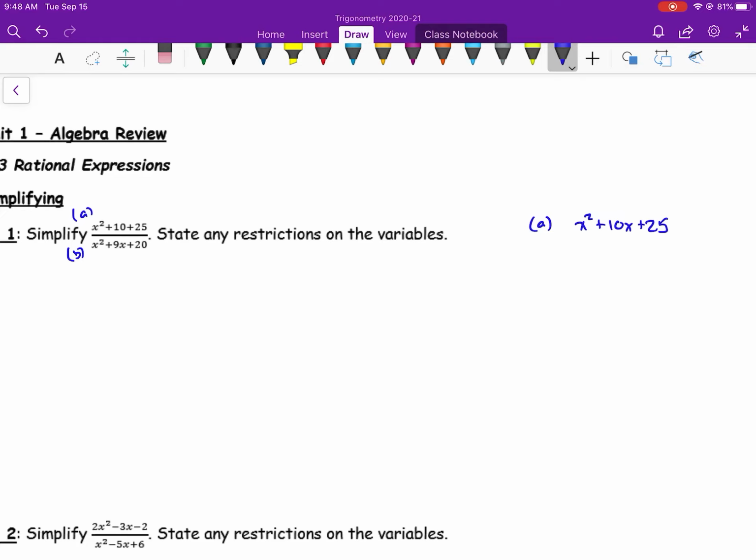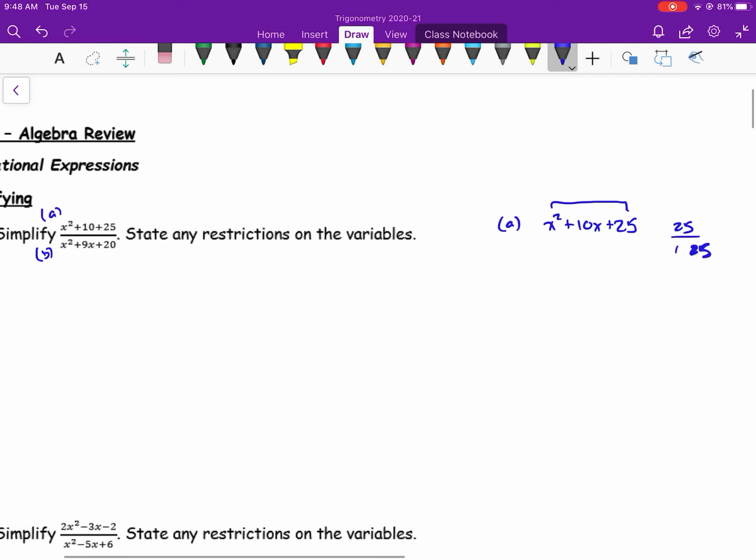Alright. So if I do my first term times my last term, I'm going to get 25. Factors of 25 that add to 10 are 5 and 5. So it'll be x plus 5 times x plus 5.